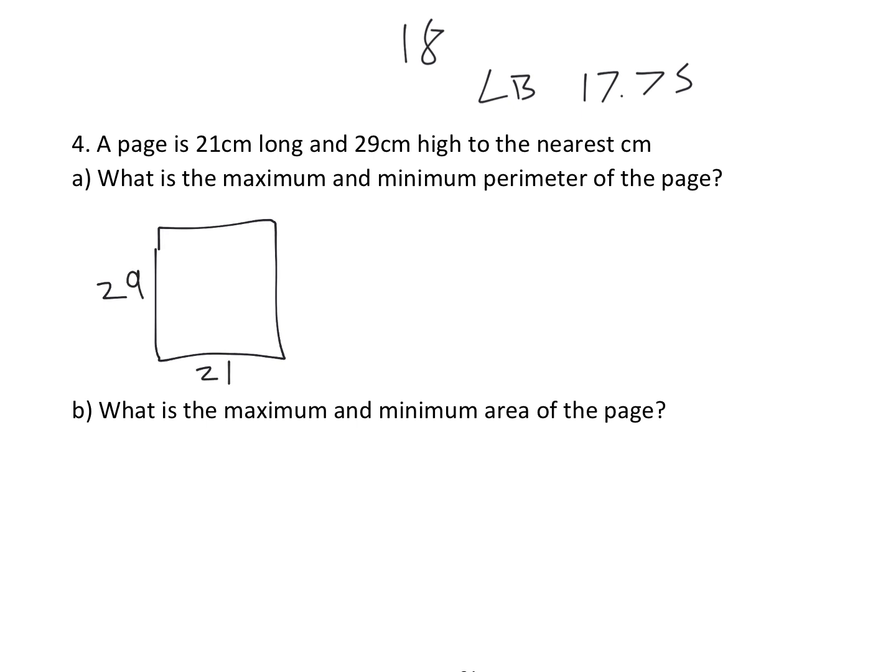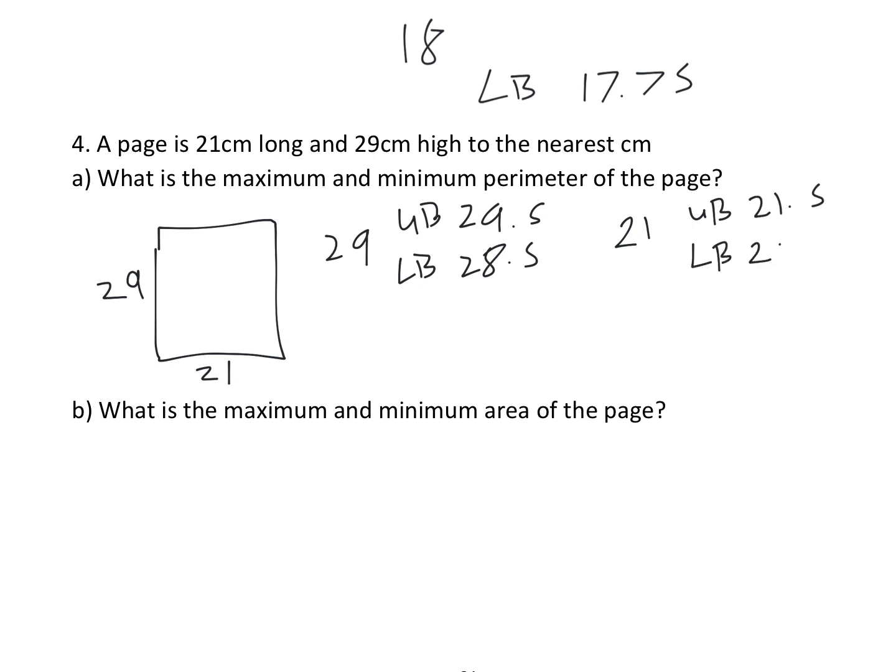They have been rounded to the nearest centimetre, so the 29 would have a lower bound of 28.5 and an upper bound of 29.5. The 21 has an upper bound of 21.5 and a lower bound of 20.5.